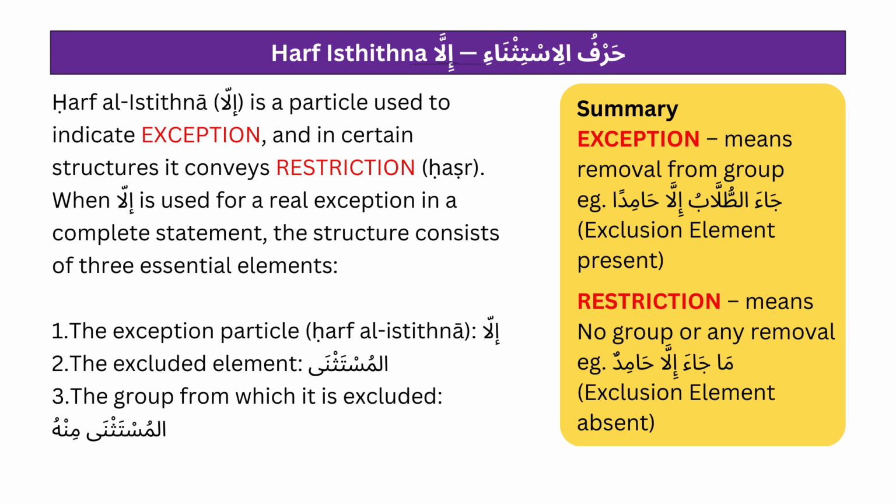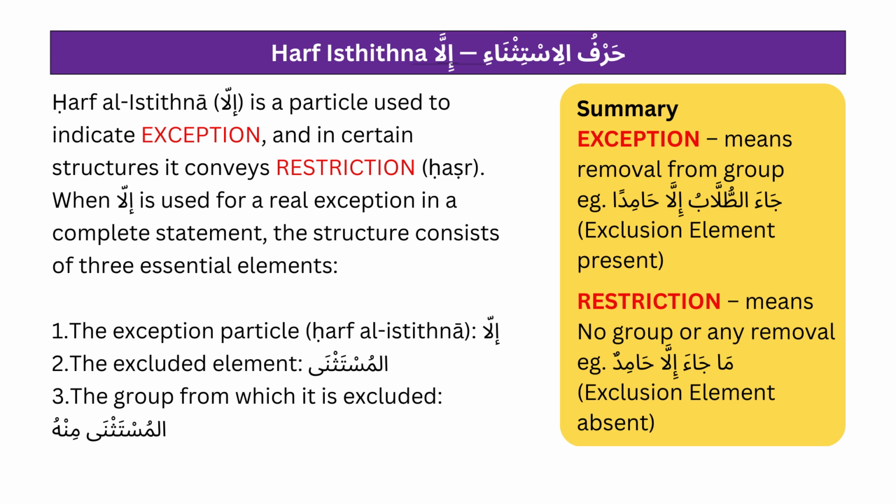Now when illa is used for a real exception inside a complete statement, the structure consists of three essential elements. Let's read them carefully one by one. First, the exception particle, adatul istithna, and that is illa. Second, the excluded element, in Arabic called al-mustathna.